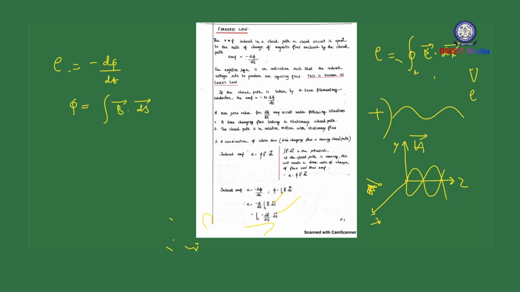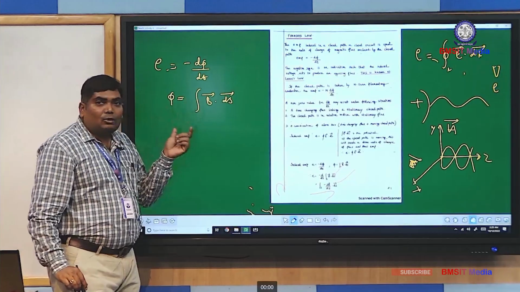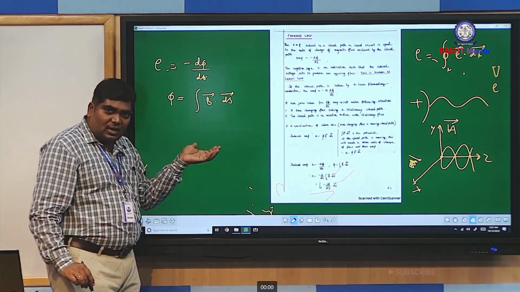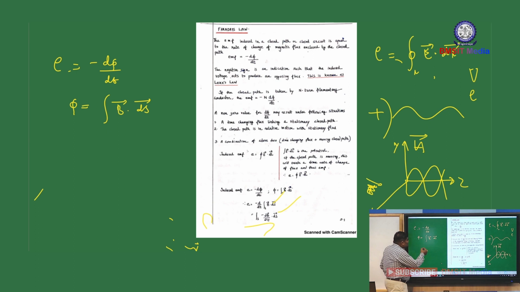What is B here? The flux density, because flux density means flux per unit surface area. Now we are calculating the flux throughout the surface area. That is why we have to take the surface integral of B dot ds. ds is a small incremental surface area here. So phi is equal to the surface integral of B dot ds.